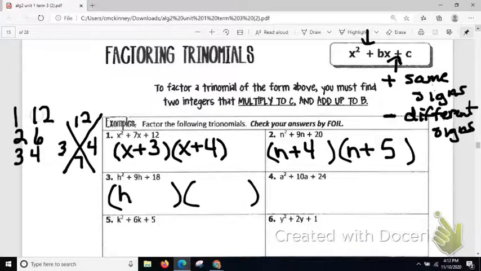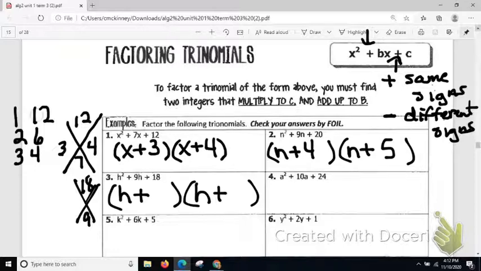So here, notice also, guys, I am not thinking about what adds up to be the middle first. I'm thinking about things that multiply to be the end. So what multiplies to be 18, but adds up to be 9? 1 and 18, doesn't add up to 9. 2 times 9, that adds up to 11.